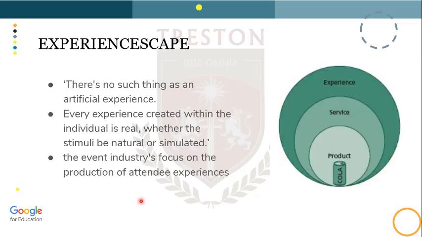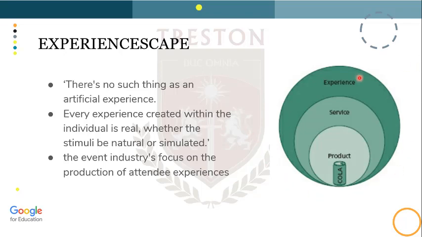So another term being introduced is experience-scape. There is no such thing as an artificial experience. Every experience created within an individual is real, whether the stimuli be neutral or simulated. So because we're in the business of providing the best experience, we should know the anatomy of providing a good experience.